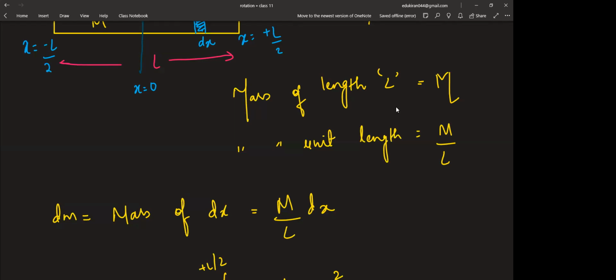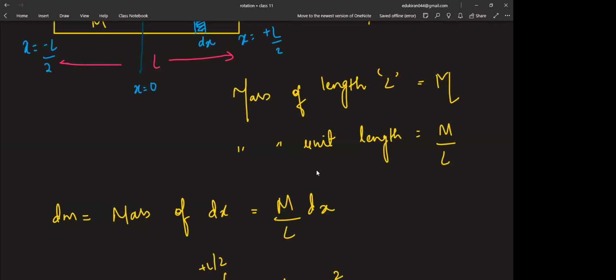Then what is the mass of a unit length, the mass of a 1 meter rod? If the mass of a 2 meter rod is 10 kg, the mass of a 1 meter rod will be 10 divided by 2, 5 kgs. So that's what we are studying. Mass of length L is M, so mass of unit length will be M by L. Now, if you know the unit length, you can find out the mass for any length.